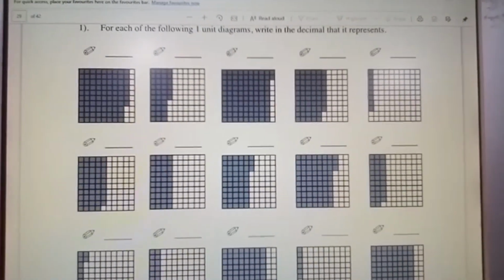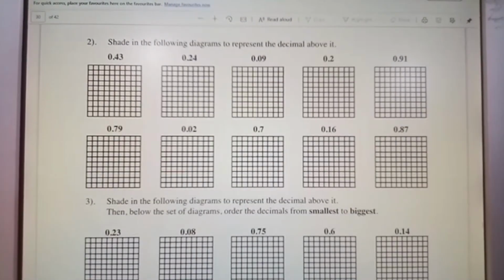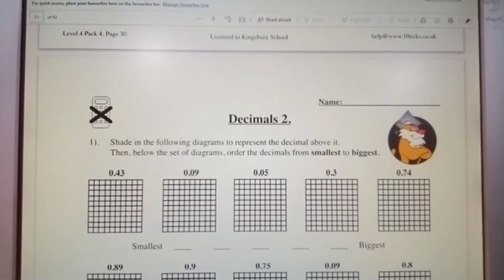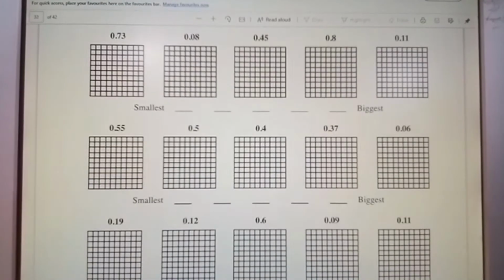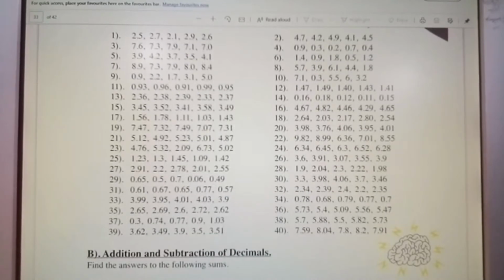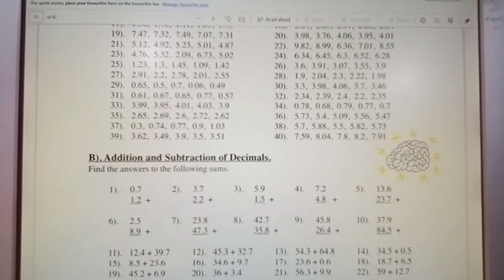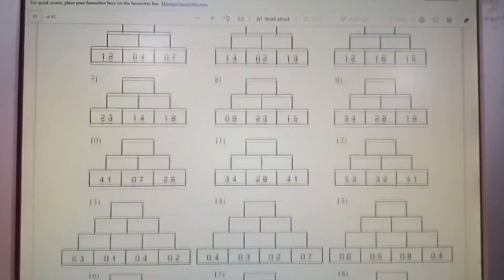It will help you tremendously. Now practice, practice, practice makes perfect. So practice, practice, practice. Okay.